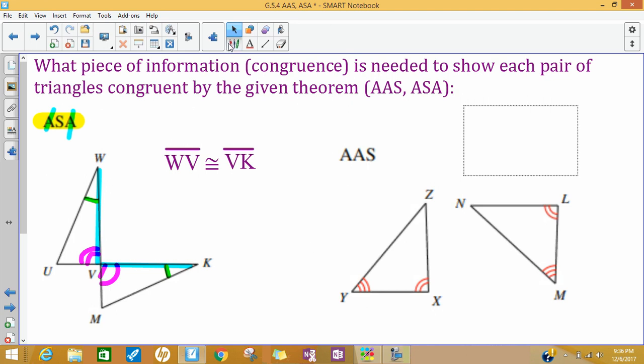Same idea over here. I have two pairs of angles congruent. I have L and X. I have Y and M. And so that sort of knocks out my two pairs of congruent angles. So I would need to know one pair of sides that are congruent that are not the included sides. So I could say that YZ and MN need to be congruent.